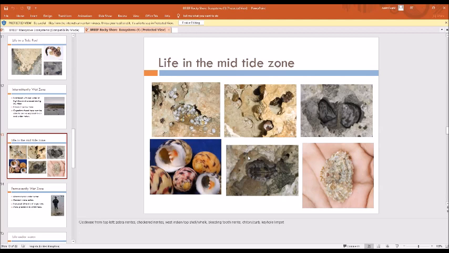So you'll find that whenever an organism has some kind of adaptation or feature, these different features are always there to offer some kind of advantage to living inside that particular ecosystem.